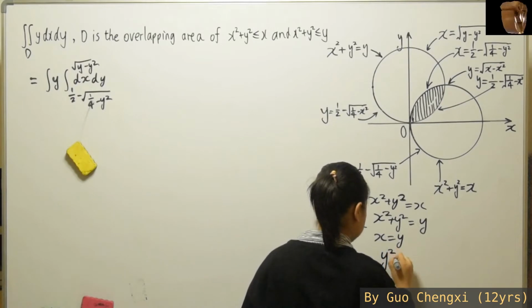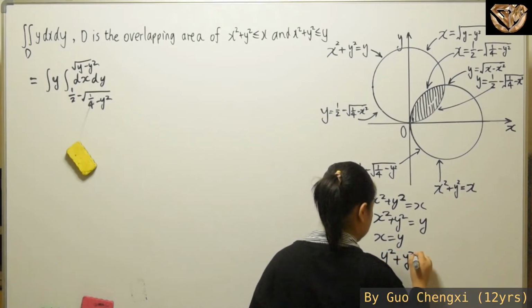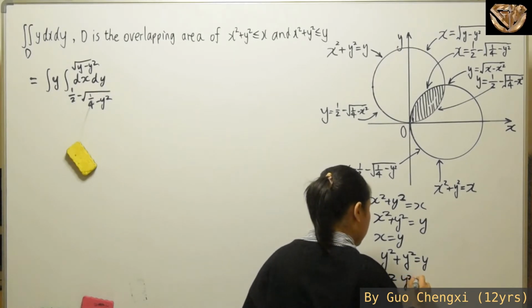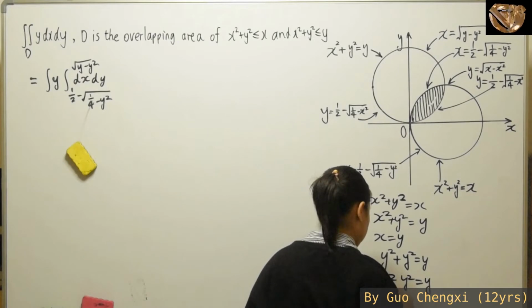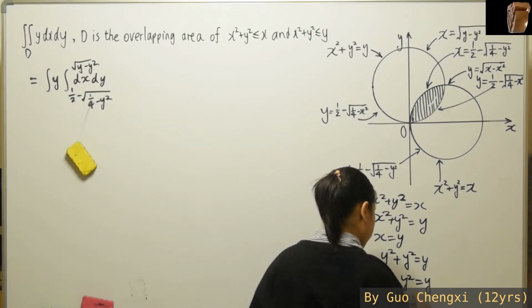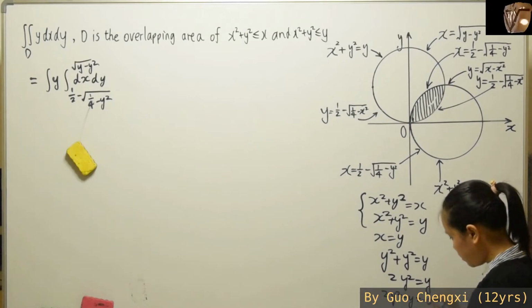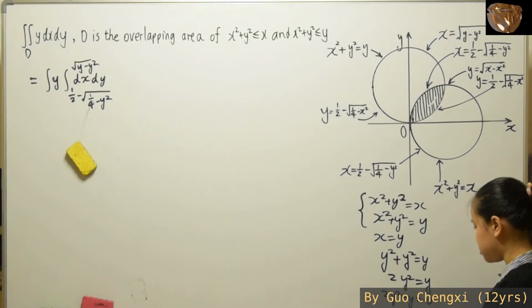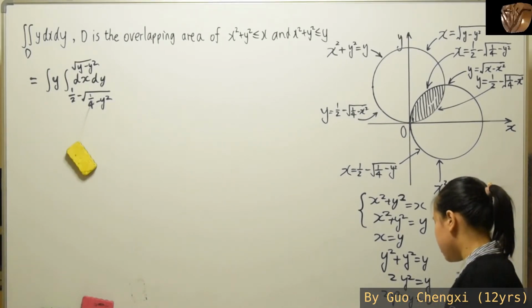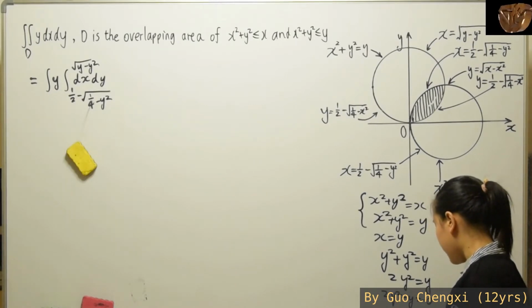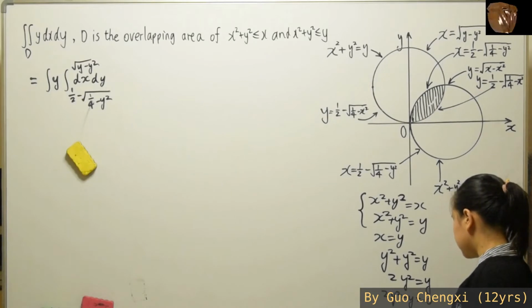So it becomes y squared plus y squared equals y. Thus 2y squared equals y, and 2y squared minus y equals 0. What is 2y squared minus y? You can take out y, and it will be y times (2y minus 1) equals 0.